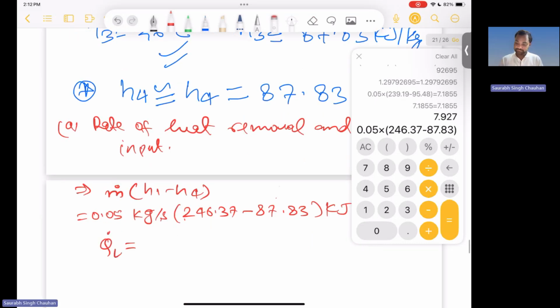So you are getting 7.927 kilojoule per second.